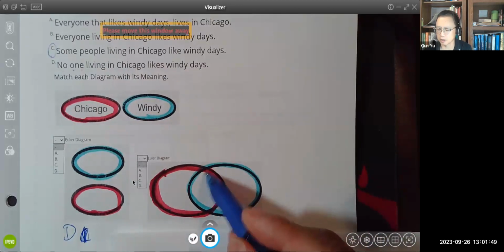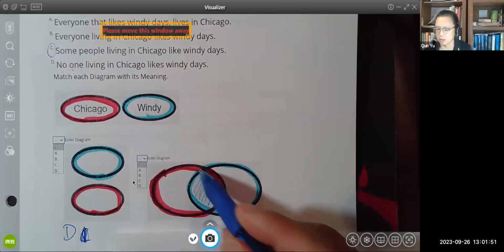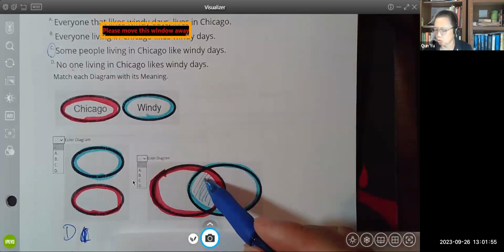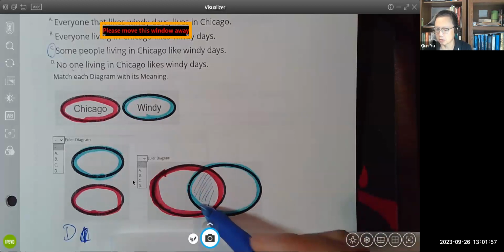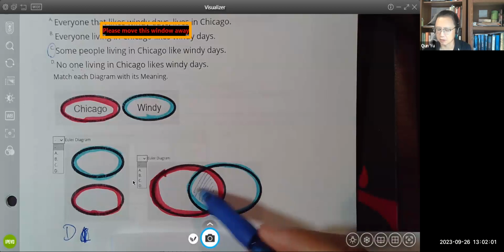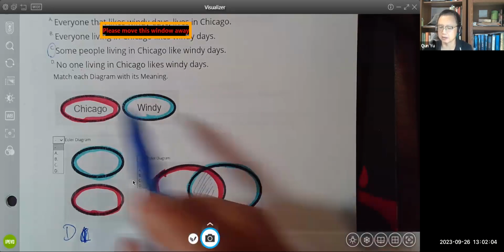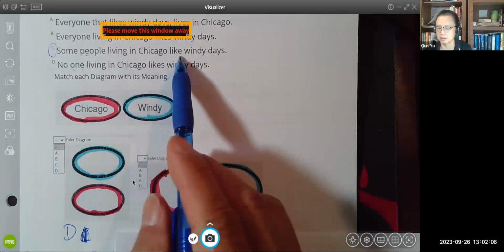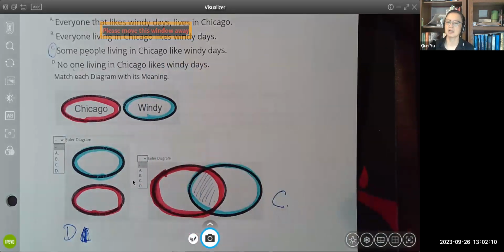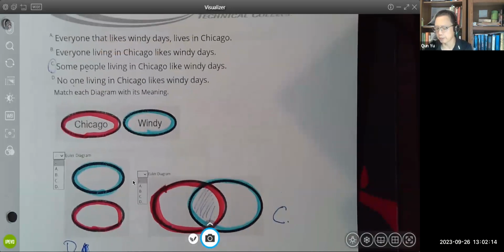They refer to this part of the red circle, because the red circle represents all of those people who live in Chicago. But this portion of those people living in Chicago is also inside the blue circle, which means they like windy days. So some people living in Chicago like windy days. That's exactly this description. So the answer is C. See, this is how you read these diagrams, Euler diagrams.